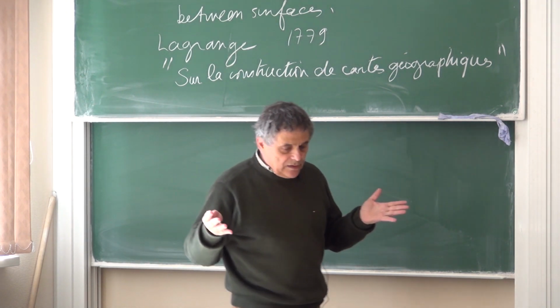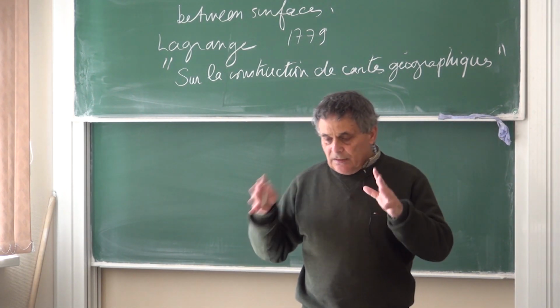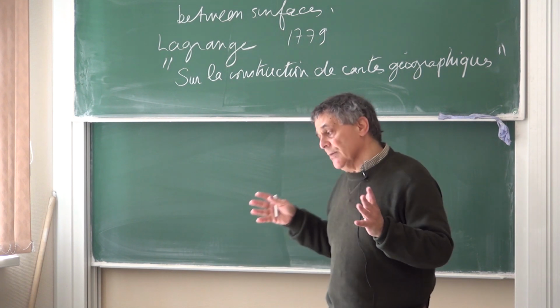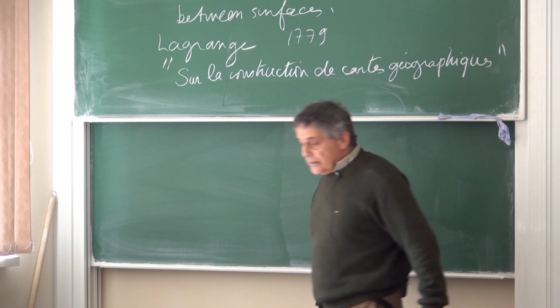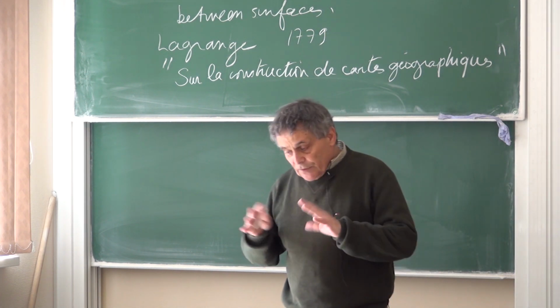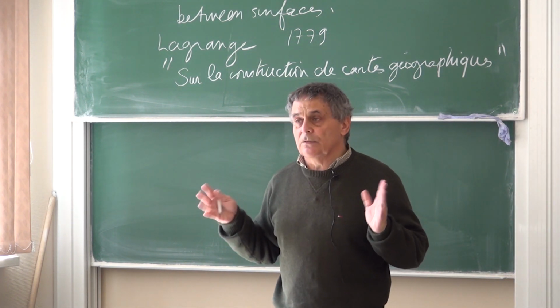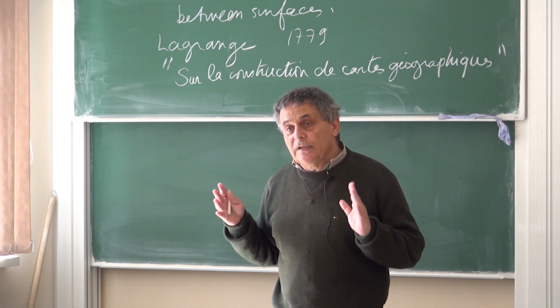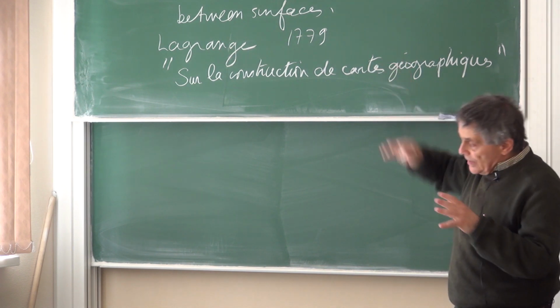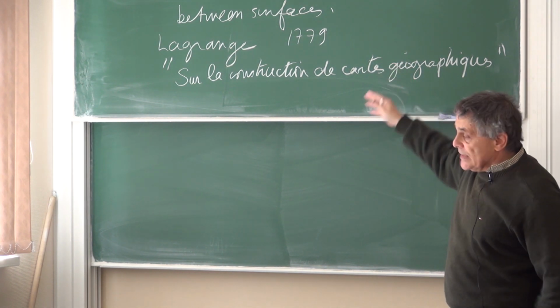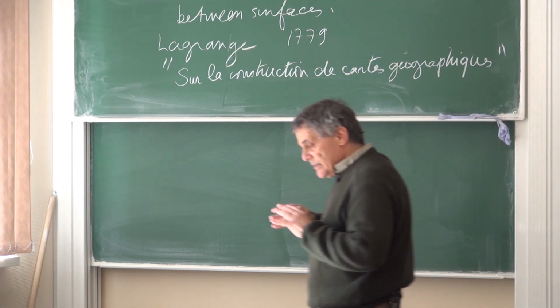These maps cannot be distance preserving up to a scale. So Lagrange was interested in constructing maps of least distortion. In the setting of non-Euclidean geometry, in fact, like Thurston. Thurston was working with hyperbolic surfaces, but here we already have non-Euclidean geometry, which is the geometry of the sphere.